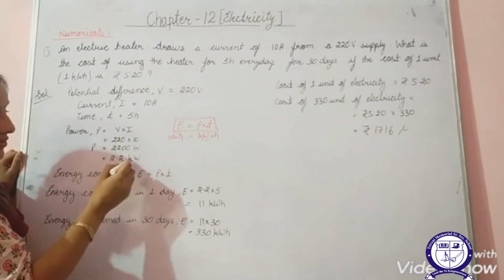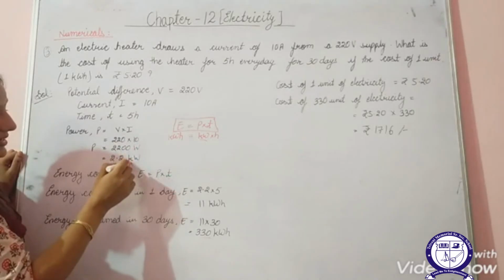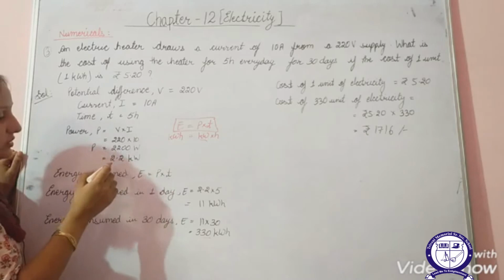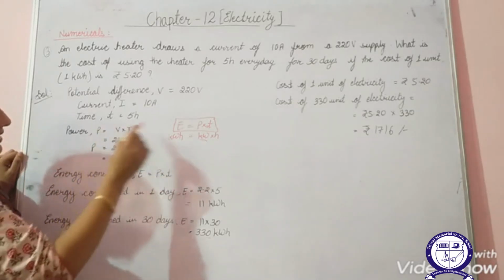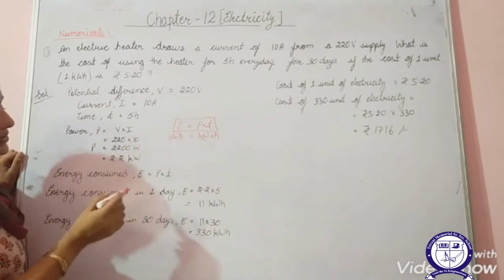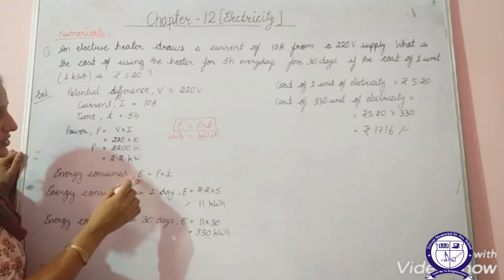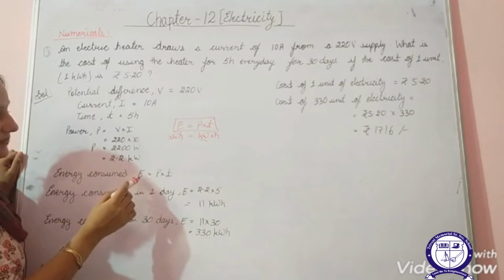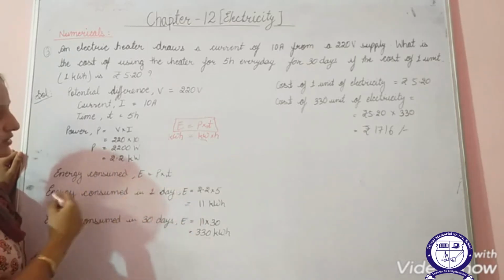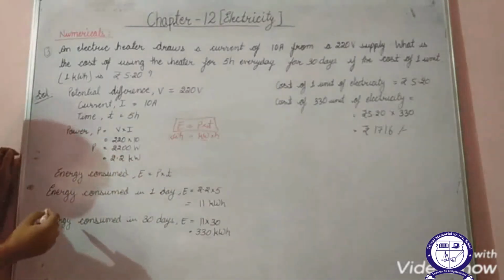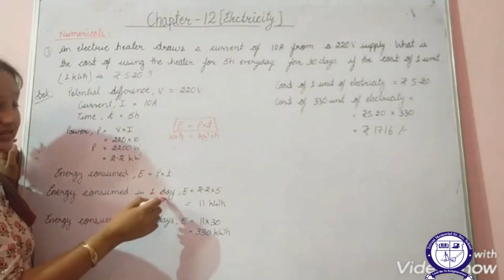Now it is in watt. What we want is kilowatt. For converting it into kilowatt, we'll divide it by 1000 and we'll get 2.2 kilowatt. Now we got the value for power. Time is already given. Now we can calculate the energy consumed by this electric heater, given by P into T. First we'll calculate the energy consumed in 1 day.